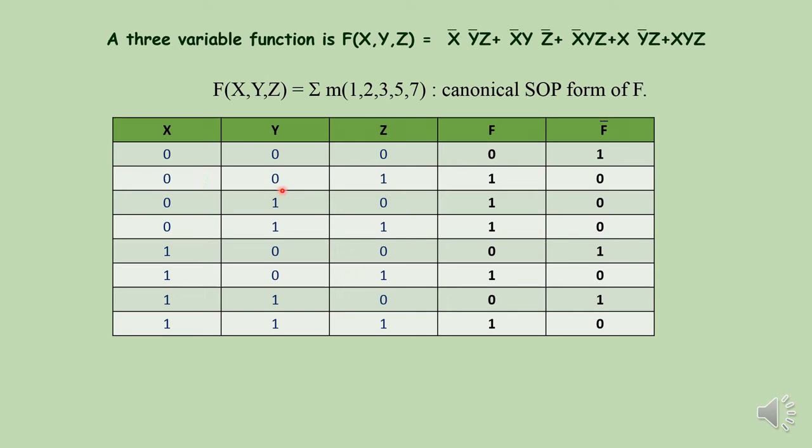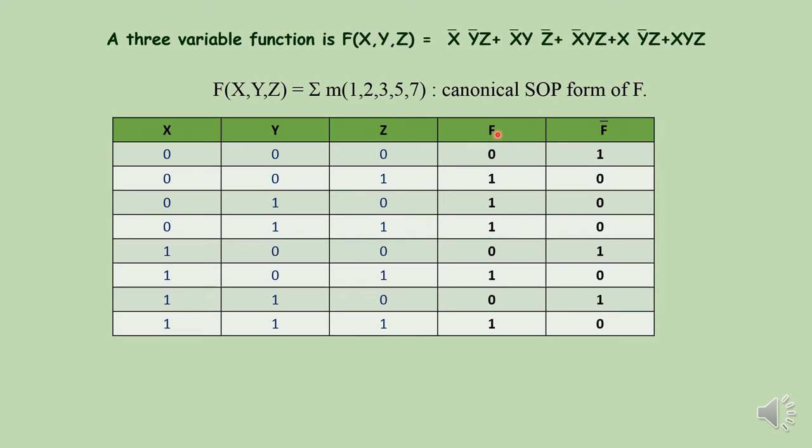Next 1, that is 0 0 1. 2, that is 0 1 0. 3, 0 1 1. 4, 1 0 0. 5 means 1 0 1. 6 means 1 1 0 and 7 means 1 1 1. So these are the total 8 combinations of a three variable function.